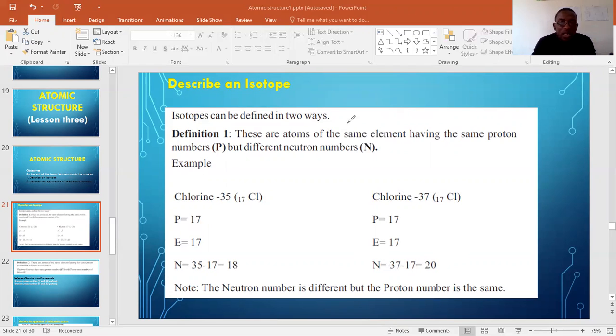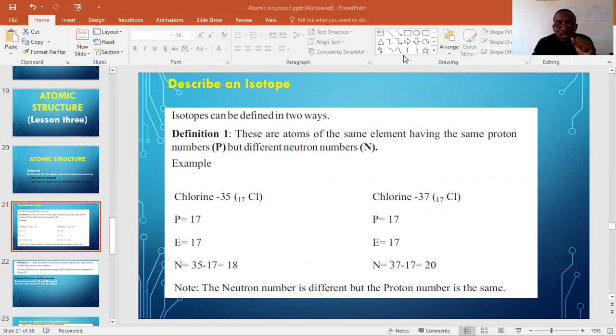Then the other way is where we talk about the mass number. In terms of mass numbers, we're going to notice that there is a chlorine 35 and a chlorine 37. According to the nuclide notation, what is always found on top of the nuclide notation is the mass number.